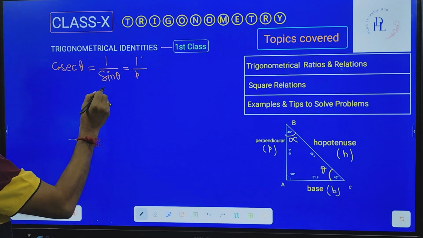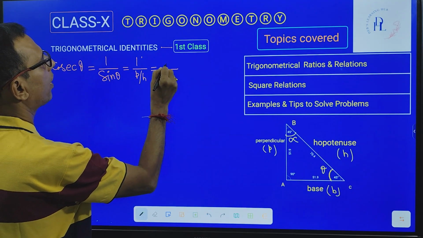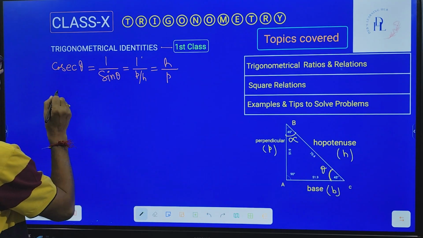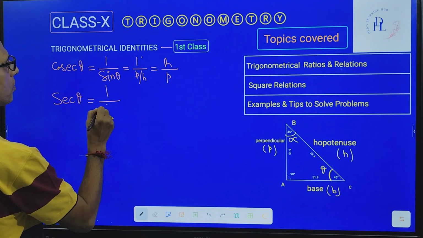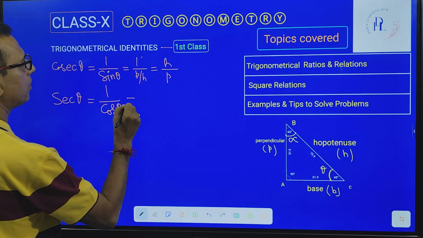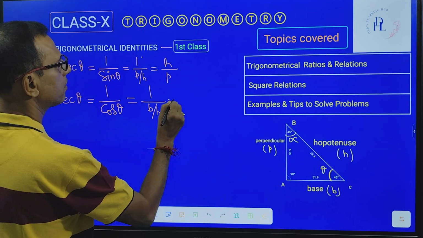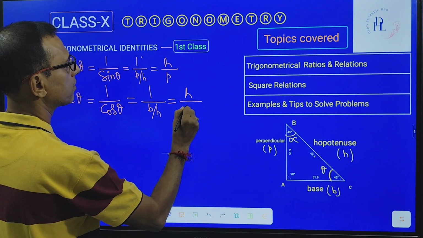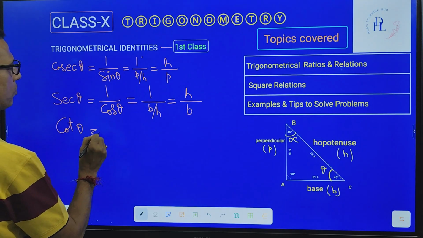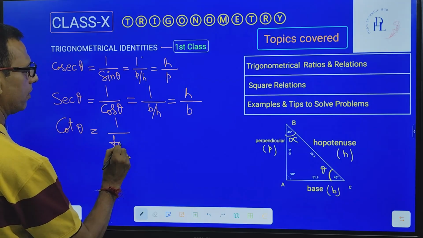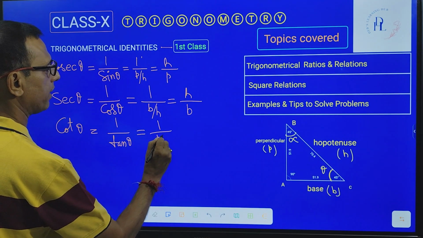So cosec theta equals 1 by sine theta equals 1 by perpendicular by hypotenuse. That means it will be hypotenuse by perpendicular effectively. What is sec theta? Sec theta equals 1 by cos theta, that is 1 by base by hypotenuse. That means sec theta equals hypotenuse by base. What is cot theta? Cot theta equals 1 by tan theta, that is 1 by perpendicular by base.